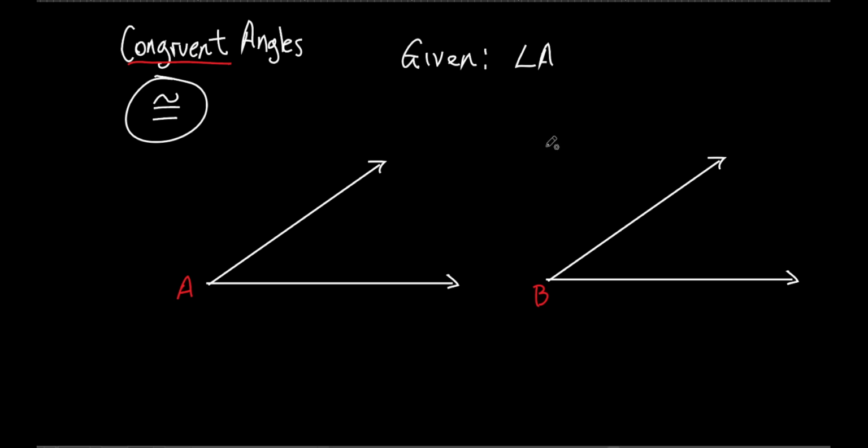But anyway, here's another way to say they're congruent. They could tell you that angle A is congruent to what? Angle B. So that's another way that you know that they're congruent. If they flat out tell you that those two are congruent, then you know they're congruent. All right, pretty self-explanatory. Everybody go to that? All right.